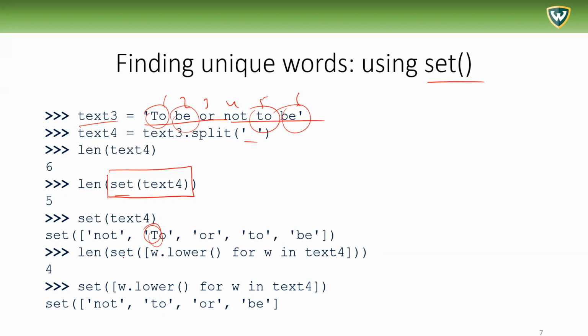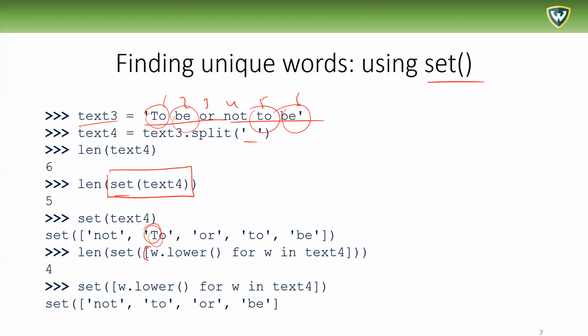And you can do this hierarchy of functions. You always begin with the center, the nesting. It's called nesting. So we begin with this, W dot lower for W in text. You can actually lower the variable, meaning make it lowercase, for the item as you check it.